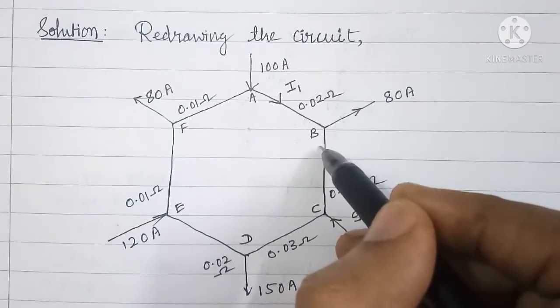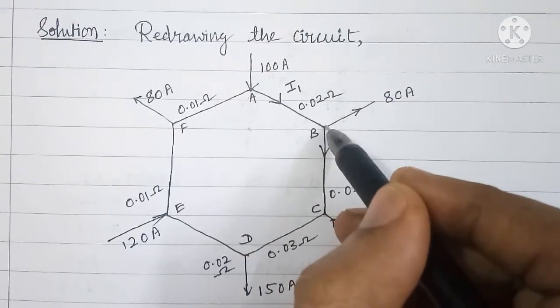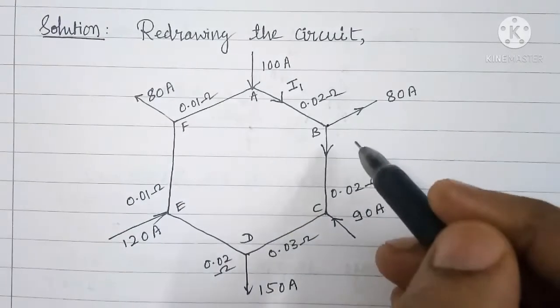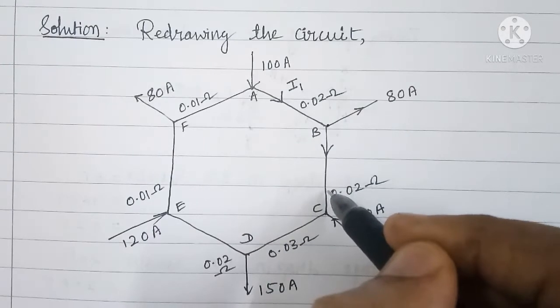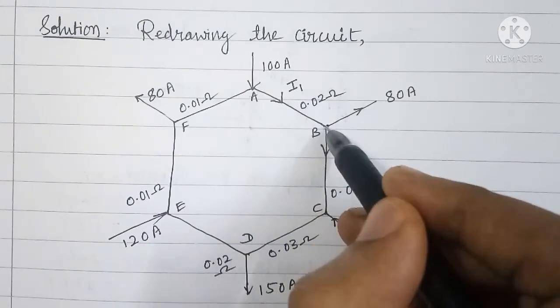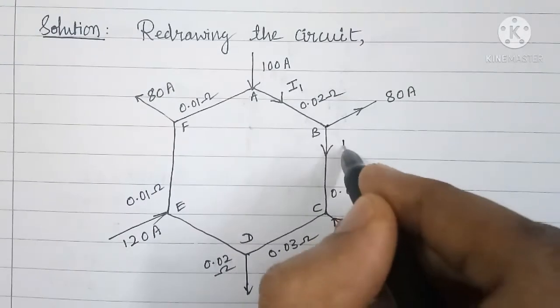Now what will be the current in branch BC? By applying KCL at node B, we get the current through branch BC as incoming current minus outgoing current, that is I1 minus 80 ampere.